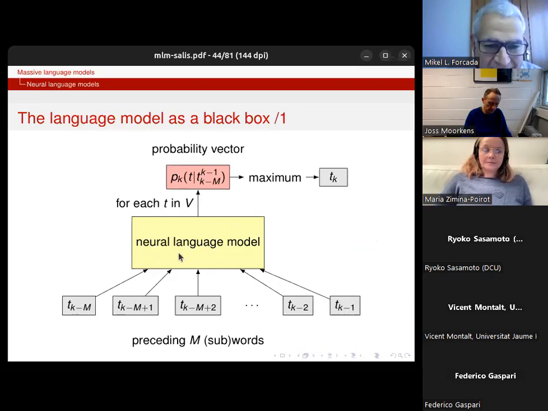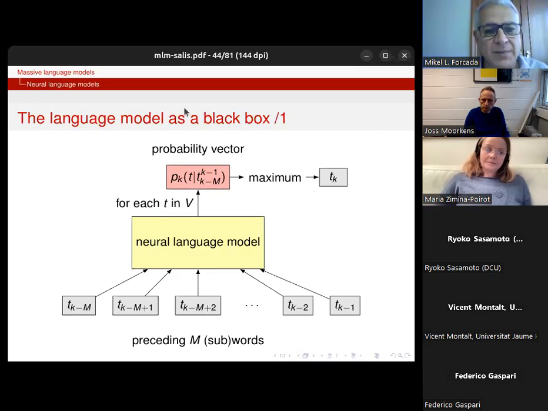I'll show you a little bit about how this works. And it just delivers a vector, a probability vector that tells me the probability of each word T in that position K, having seen this context of M words. And then you may try the maximum, or the two highest, or the three highest probabilities and select it.